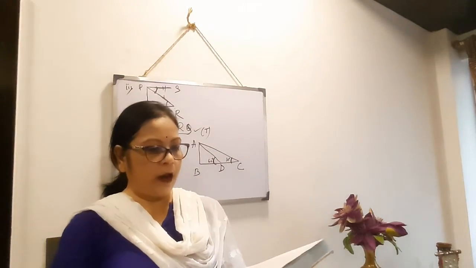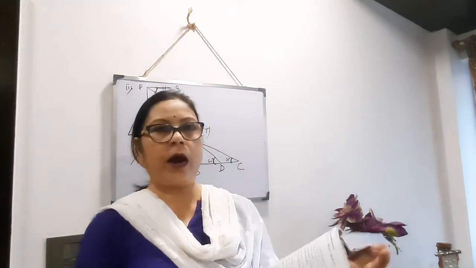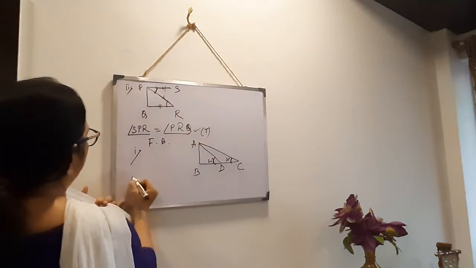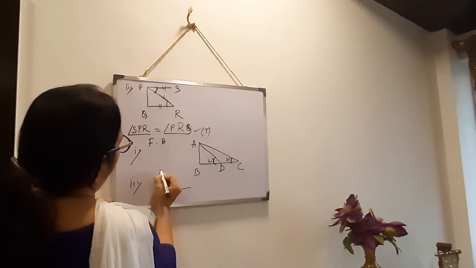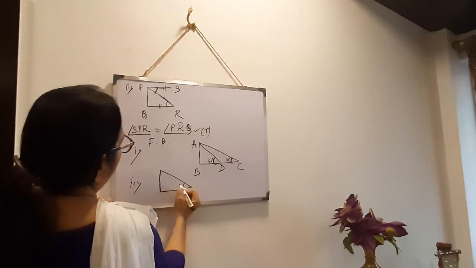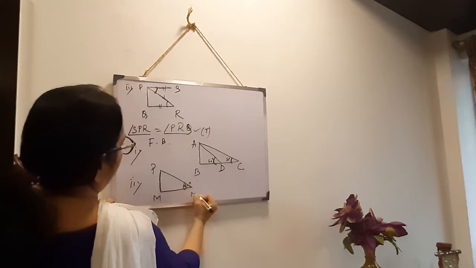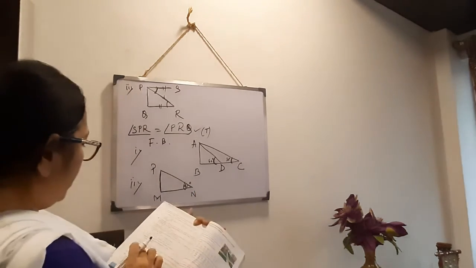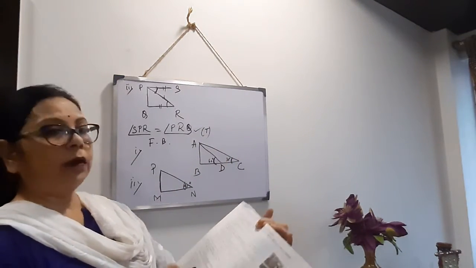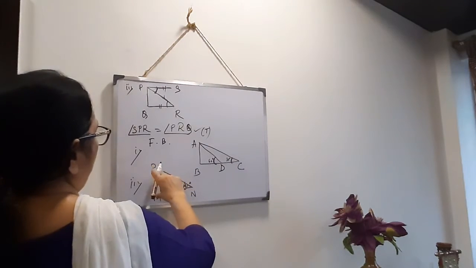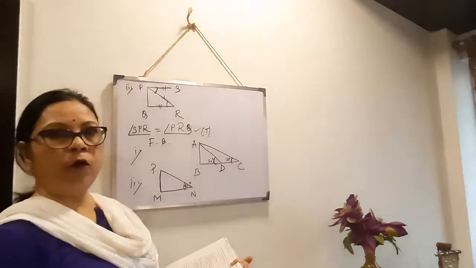Next, if the angle of elevation of sun is 45 degree, then the length of shadow and the length of post are dash. Now this is the length of post and this is the length of shadow, and the angle of elevation is 45 degree. In a previous sum I told you that when the angle of elevation is 45 degree, the length of shadow and the length of that post or any object will be the same.